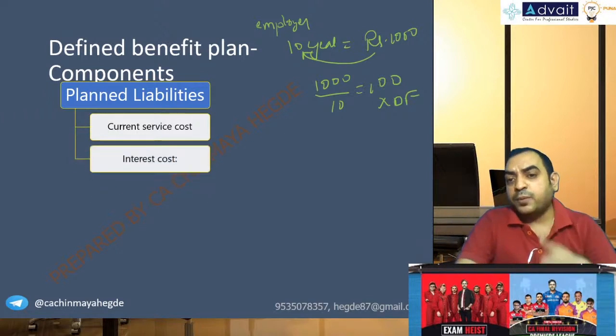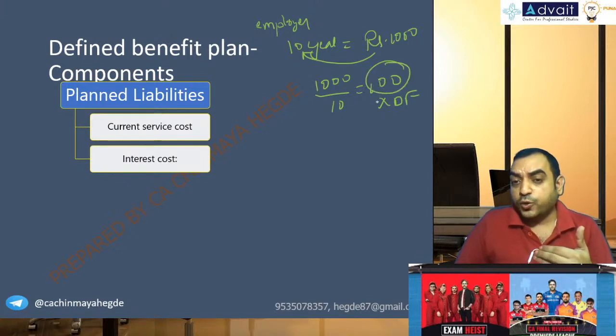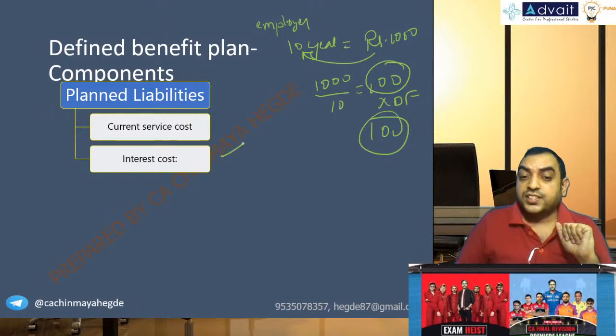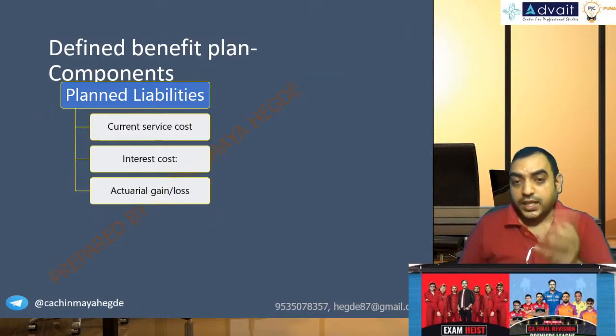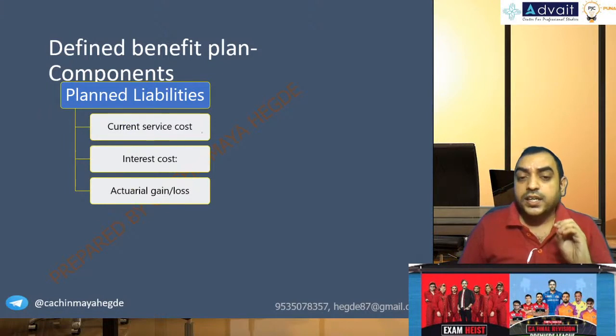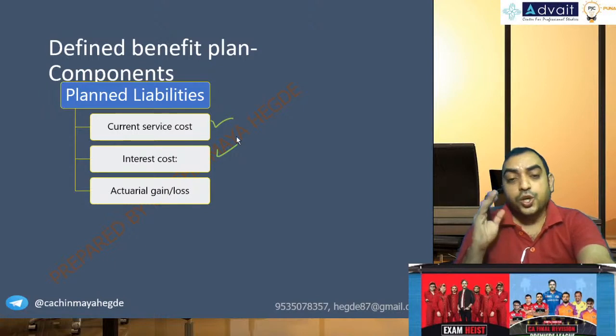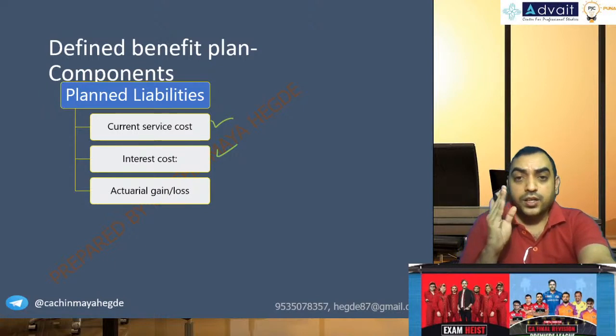Now as and when time progresses on this 100 rupees, interest gets accumulated, that's called interest cost. Then actuarial gain or loss, I'll come to it. What is actuarial gain or loss? These things have some assumptions.